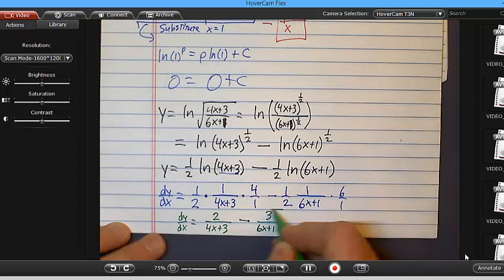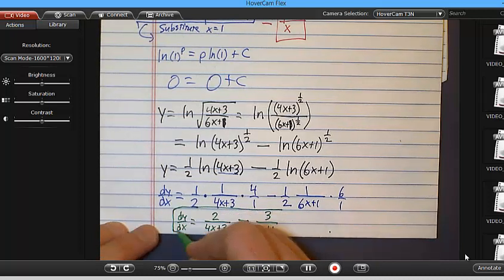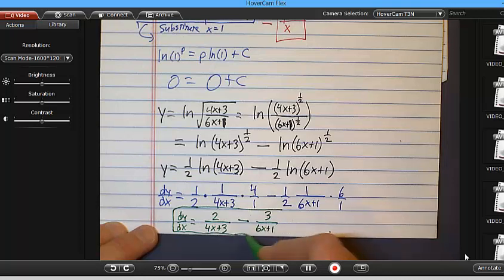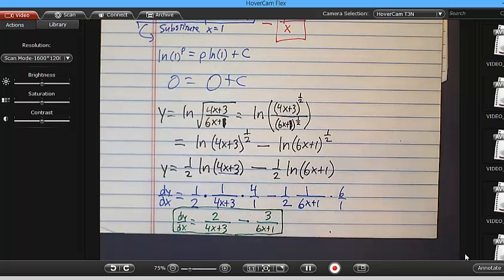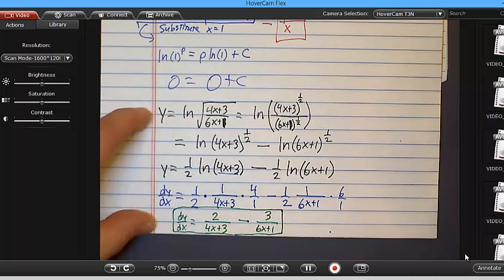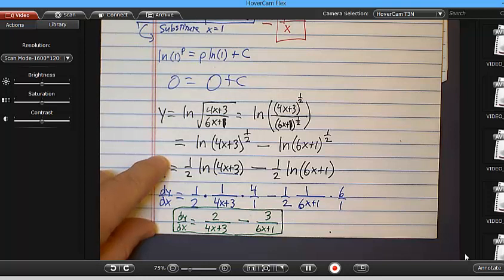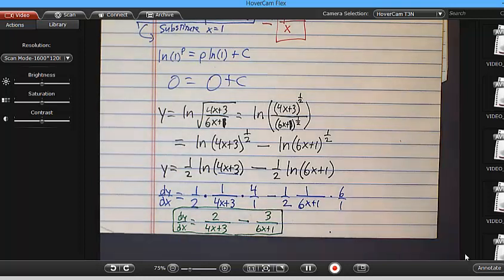I can't really cancel anymore. I don't want to try and add those, subtract those fractions. I would probably just leave it like that. You guys follow? Pretty amazing that you could do that derivative in such a short amount of space, but I owe it all to the log laws. Okay, so that demonstrates why the log laws are useful.